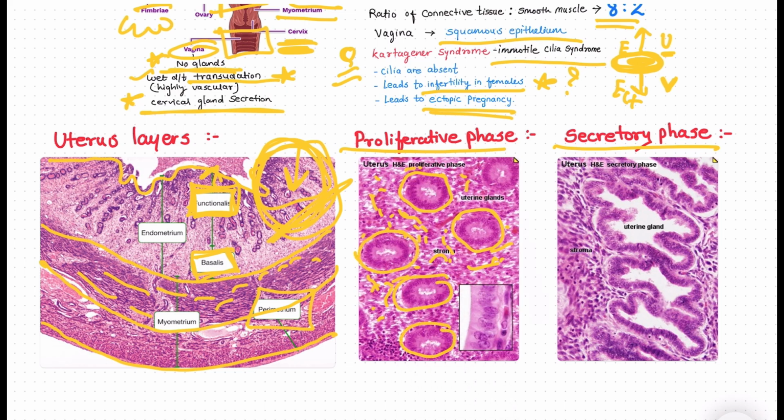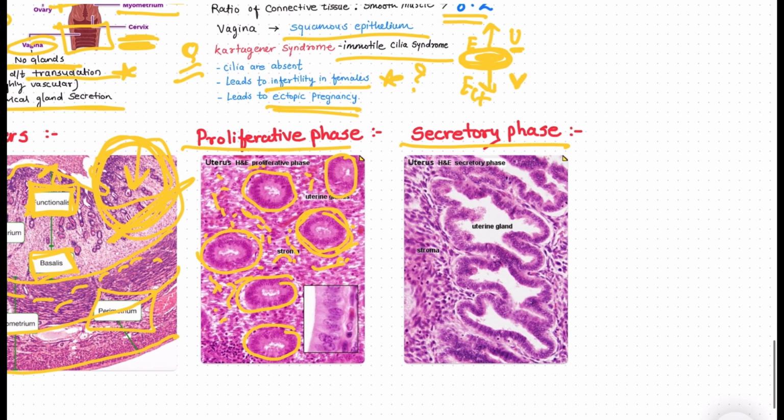These are uterine glands, circular in shape, okay. During the secretory phase, which is before menstruation, the uterine glands become corkscrew shaped. See here the glands look irregular and large, okay. And the stroma is scanty, but the uterine glands are larger in size, and the lumen is also seen more.